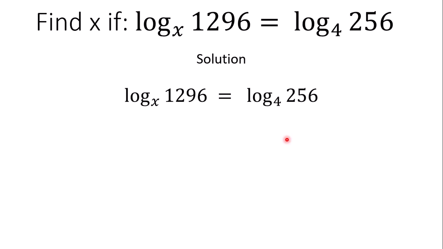So we have to work it out. If you have a calculator, you can punch this and it will give you the answer for this one.